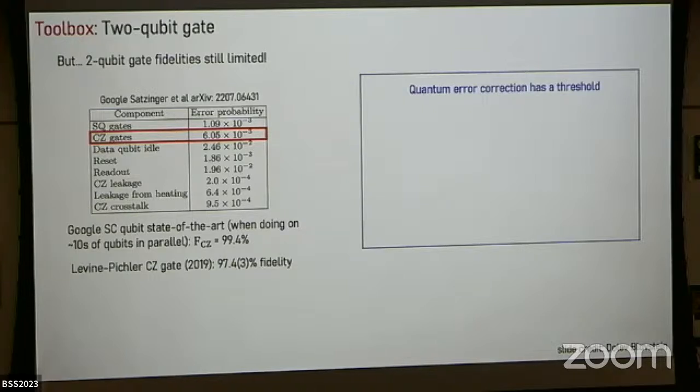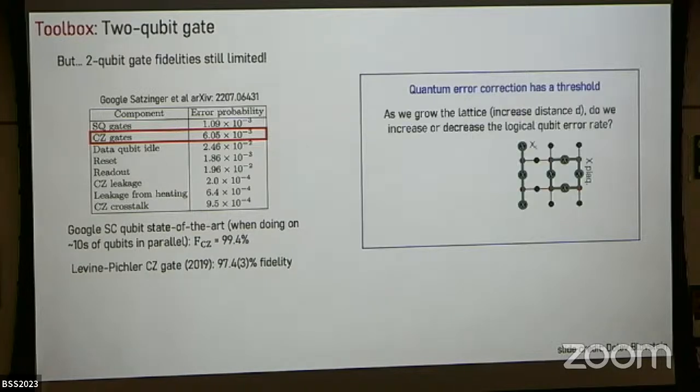We need to look at the thresholds for quantum error correction. I guess after these lectures you're familiar with this concept, but in an error correcting code you have a threshold, which means: when you increase the distance of your code, does the logical qubit error rate increase or decrease? This defines a threshold for your gate error.